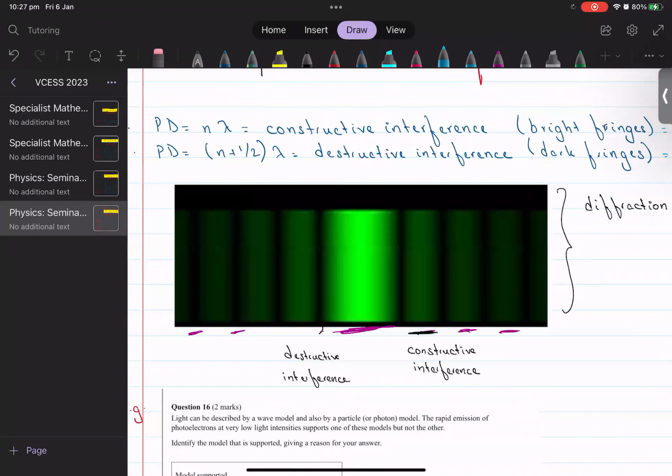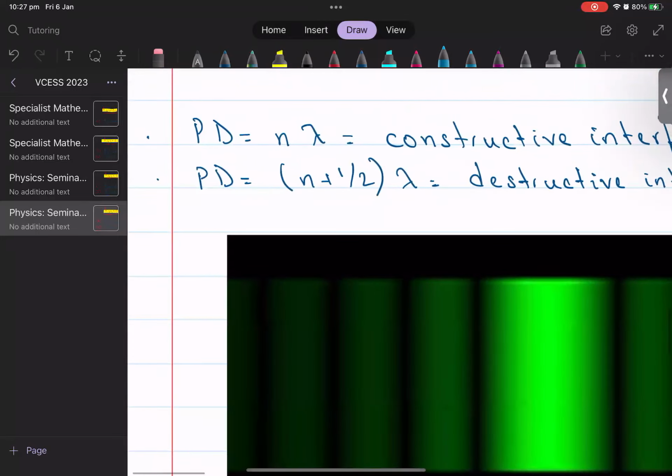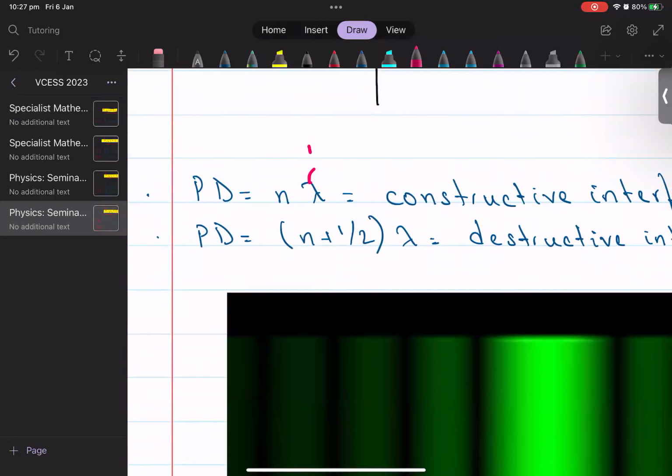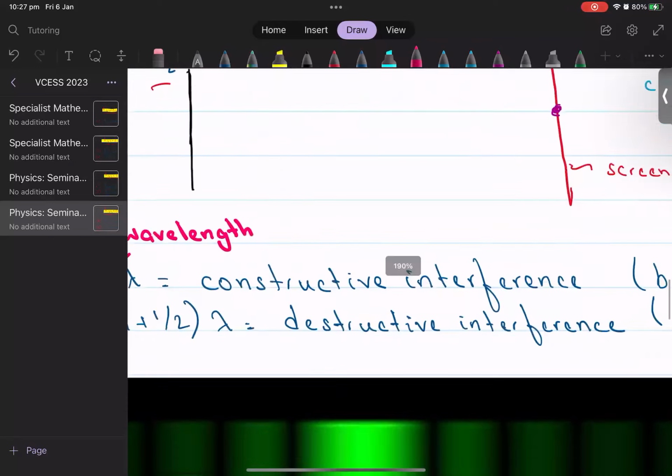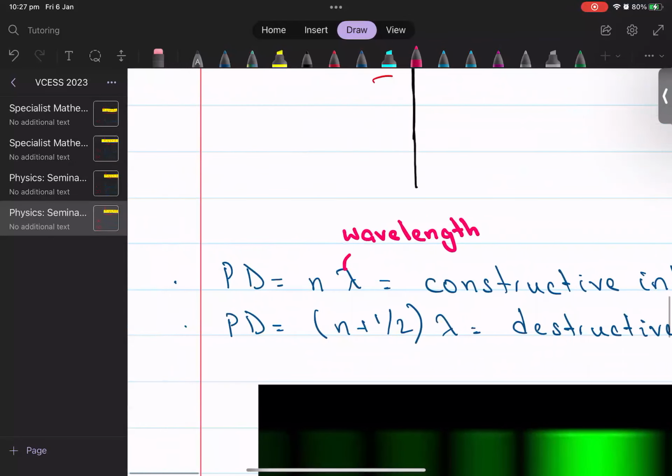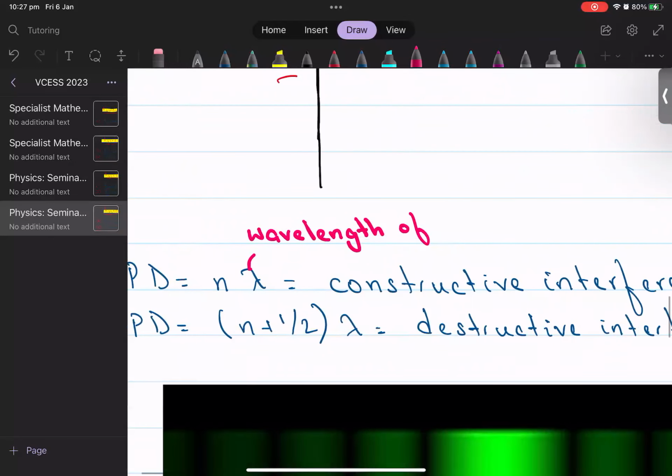So for every integer multiple of the wavelength, lambda is the wavelength of the light that we are observing. This is why I said that the wavelength is a useful quantity, which is why we have to pay attention to the color of the light that we're using: the wavelength of the incident light, the light that is shone onto the screen.